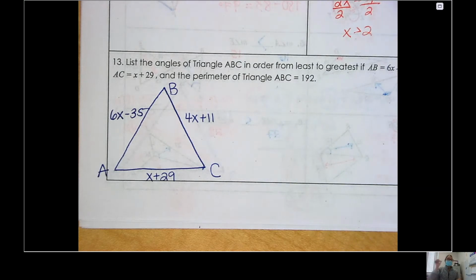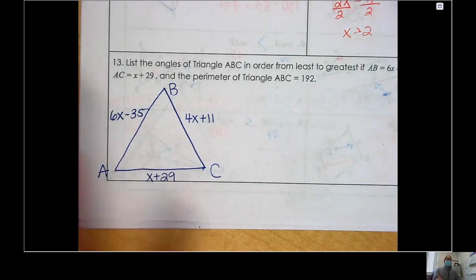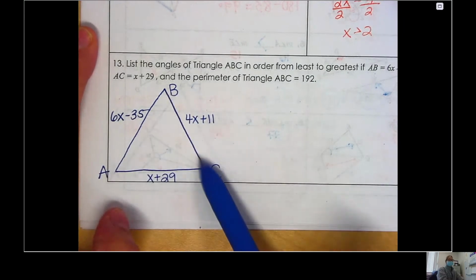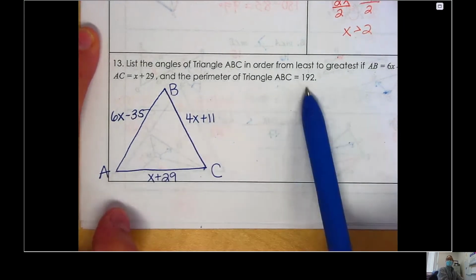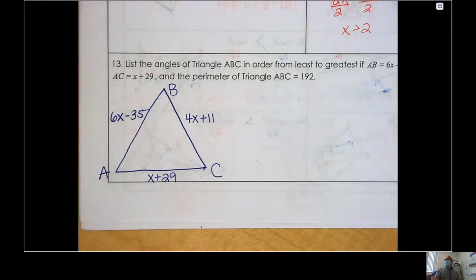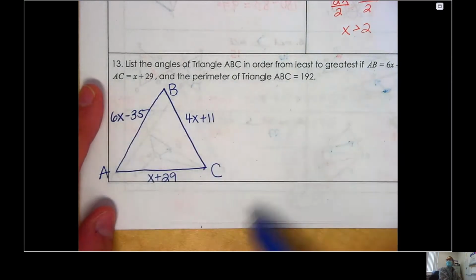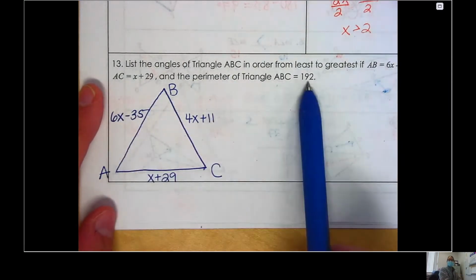That's the perimeter. So in this picture, Miss Masso starts at A. If I walk to B, then to C, then back to A, I walk a total of 192 units, whatever it is. So I want to write an equation that says, if I start here and I go all the way around, it should be 192.